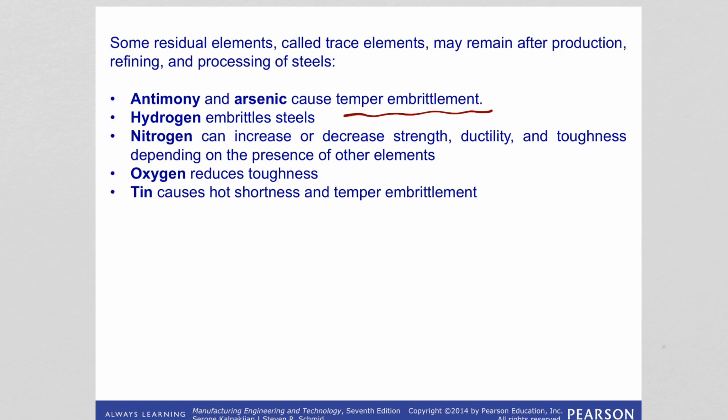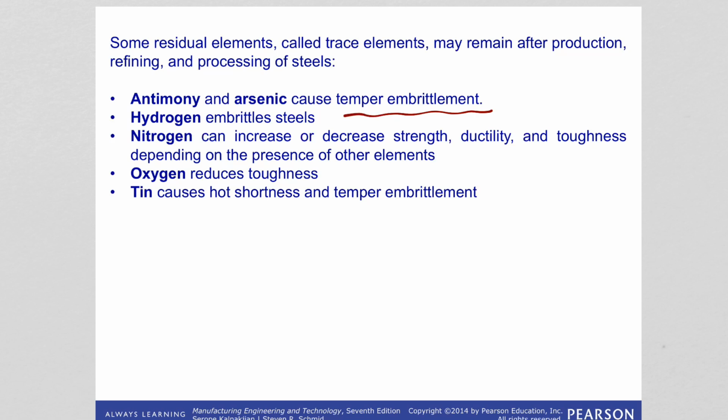I'm not sure if we discussed this, but it is a form of embrittlement that is caused by segregation of impurities, in this case antimony and arsenic, to grain boundaries. It happens due to steels being tempered at a certain temperature range.